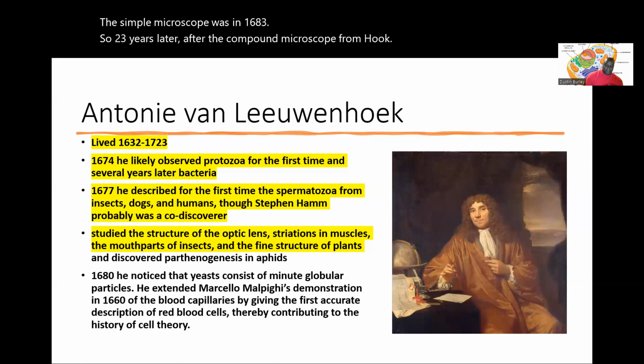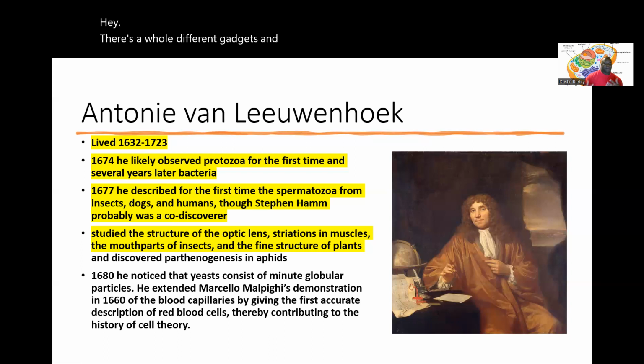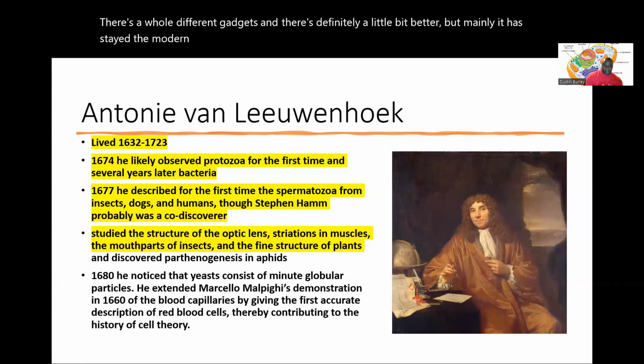The modern day microscope hasn't changed since 1886. There are a few different gadgets and some things that are a little bit better, but the modern compound light microscope, as it is called, has pretty much stayed the same since then.